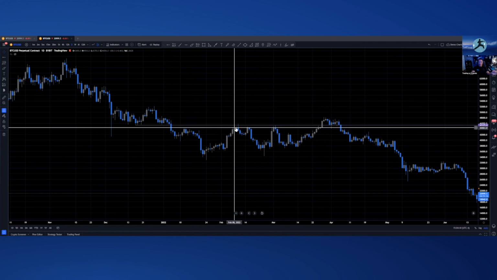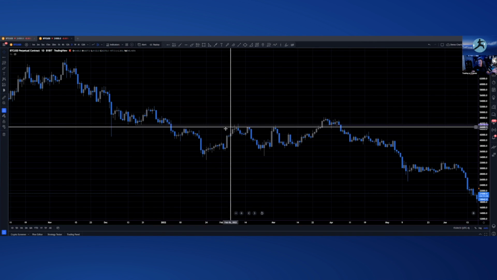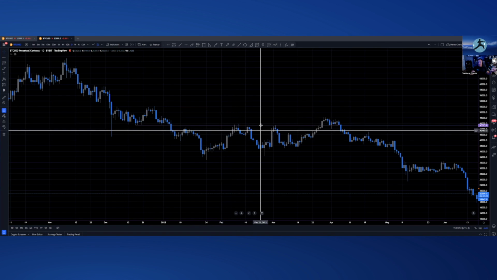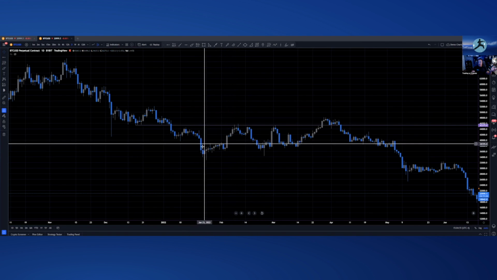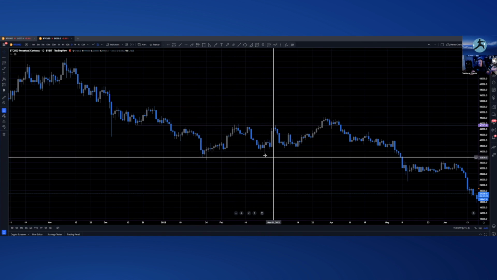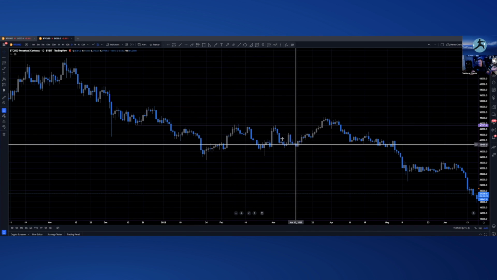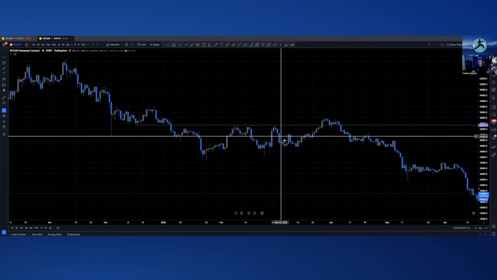But if we went with the wick up here, if people use the wicks, they're like, oh, we wicked this level, so we should be moving up. Now let me look in here for longs. And yeah, you catch a long in here, and then it rejects. Maybe you took profits, maybe you didn't.